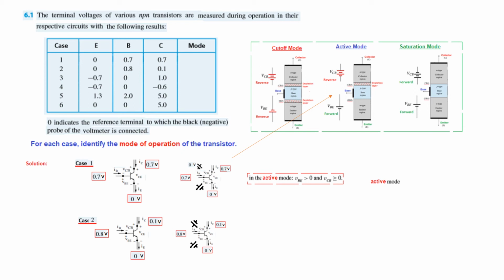And now if we compare this with the circuits given here, between the two, both are forward bias, but the CB is negative in this case. So CB is negative at the top. That means it is also forward biasing. So this is the circuit that is matching with this one. So we can say that we are in saturation mode.